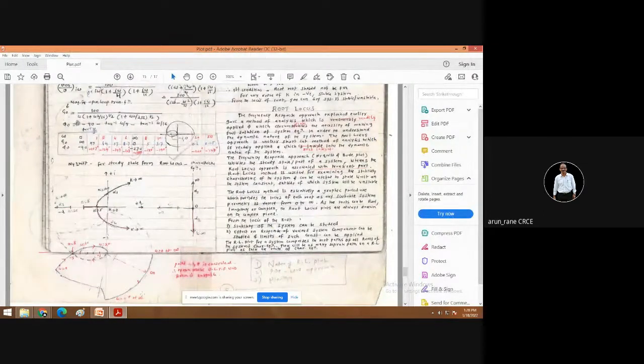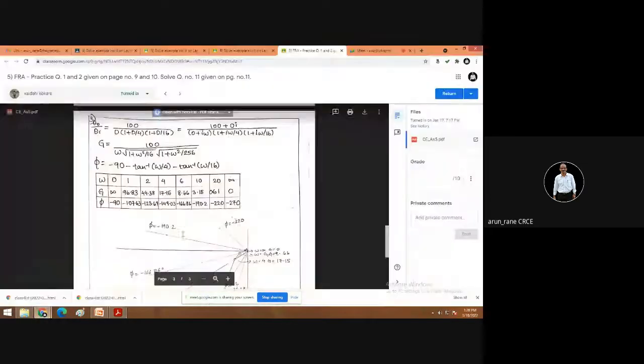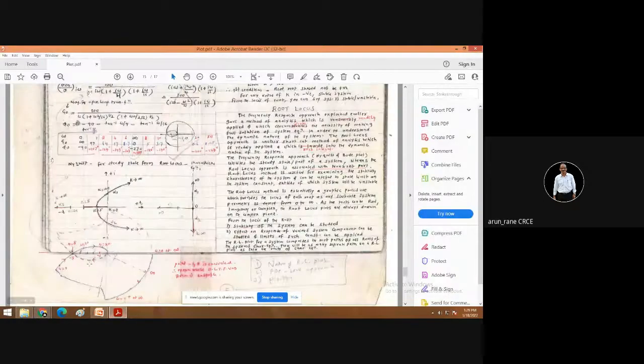So it is my request that you zoom up only this much part and upload it in the classroom. And this I have given for the reference. And then in the next class we can continue with signal flow graph or with the second order systems.